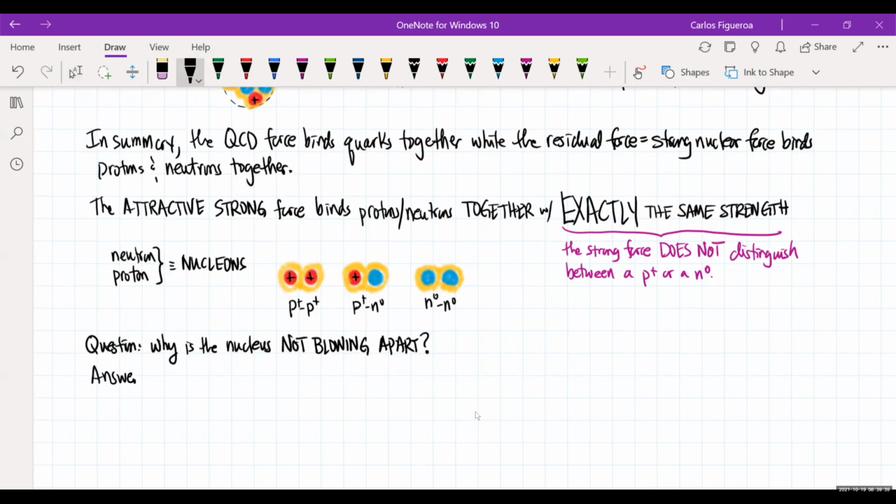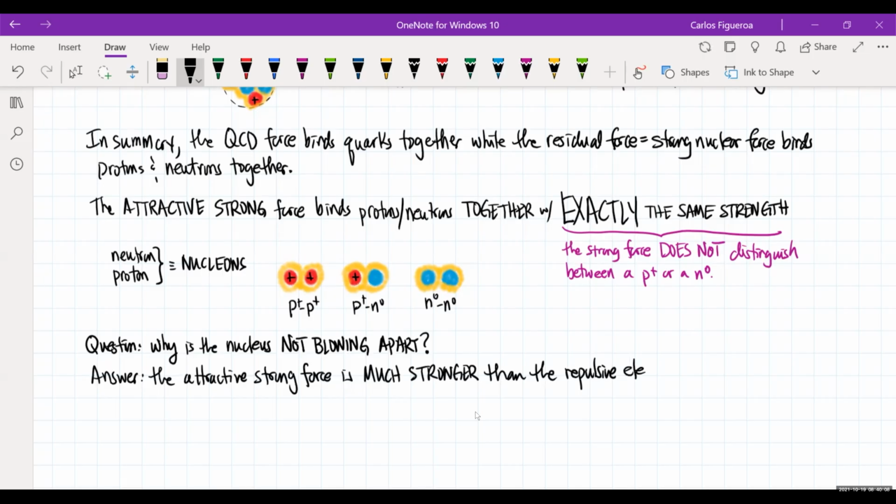Answer. The attractive strong force is much stronger than the repulsive electrical force.